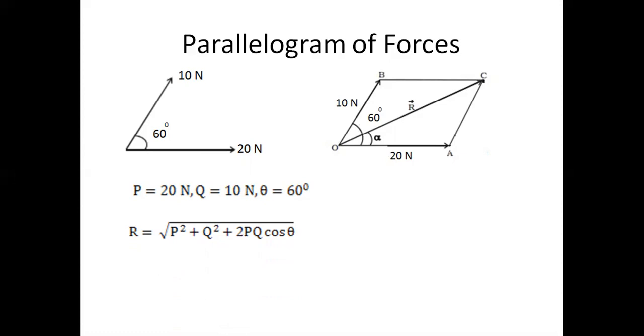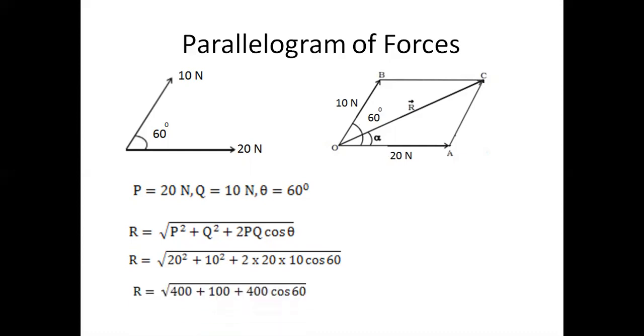Substituting the values, R equal to under root 20 square plus 10 square plus 2 into 10 into 20 into cos 60 degrees. So R equal to under root 400 plus 100 plus 400 cos 60, which is under root 700, which comes to 26.46 newtons. This is the resultant of these two forces.